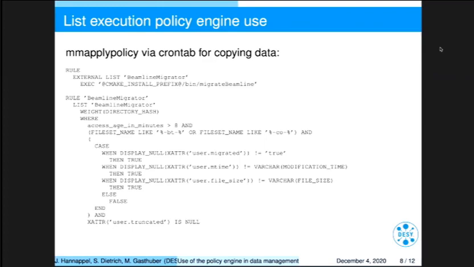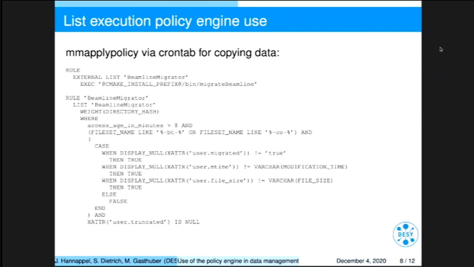This is done via an external list because we can't use the internal migration because we migrate between two different file systems. The rule just checks if the files are old enough, in this case not accessed for 8 minutes, are in the correct file sets and were not yet migrated.